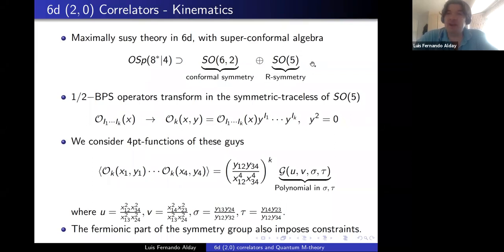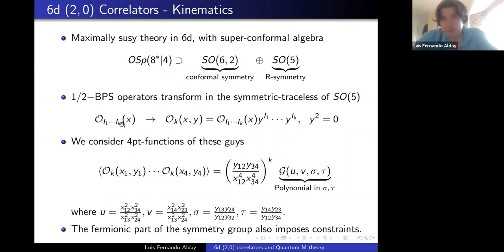And then we also have the R symmetry, which in this case is SO(5). We will look at the half BPS operators, which transform in the symmetric traceless representation of SO(5). So we have operators O evaluated at a point x in 6 dimensions, and they have these K indices, each of them running from 1 to 5.